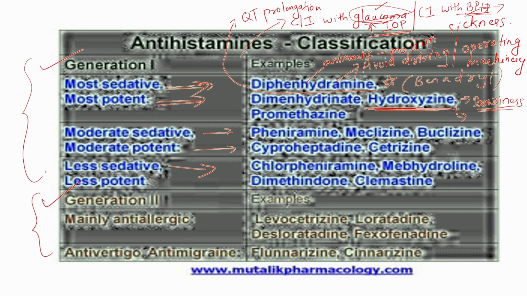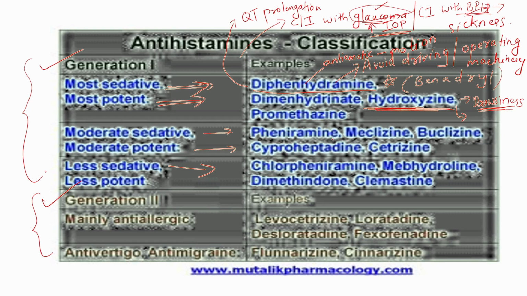We should note the patients for any drowsiness, and also note if the patient is getting any other drug like an antidepressant or diazepam, because there the effect will be multiplied. Hydroxyzine and diazepam together can cause CNS depression, which leads to excessive sedation and respiratory depression.